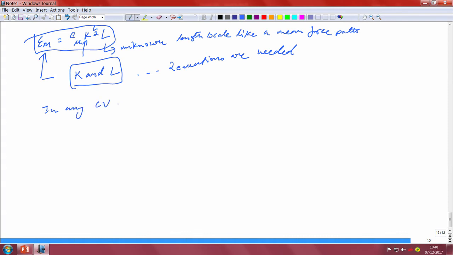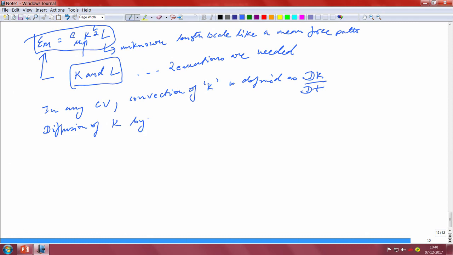In any control volume approach, normally in a full fledged turbulence course you would actually solve for this equation. So, the convection of K is defined as dk by dt. A diffusion of K by sigma K dk by dy. So basically you write transport equations, that is all that you are doing.